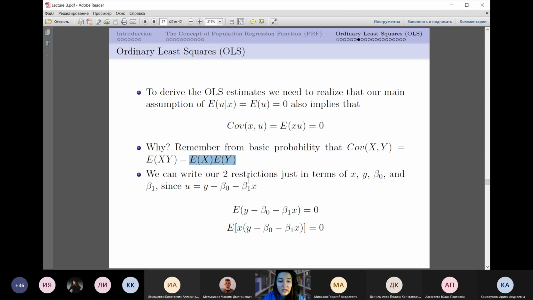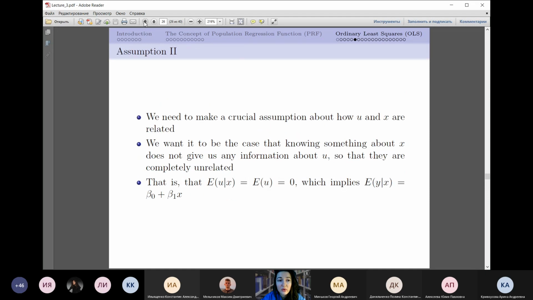So also, if we use this approach, we can write our restrictions that we've just discussed, assumption 1 and assumption 2, in this case. Or we can rewrite this as follows.